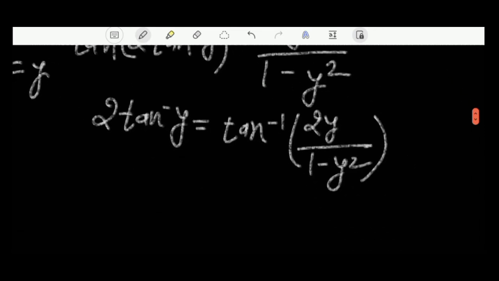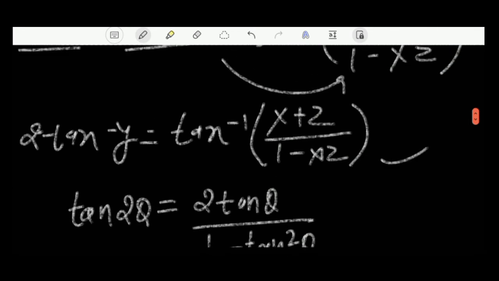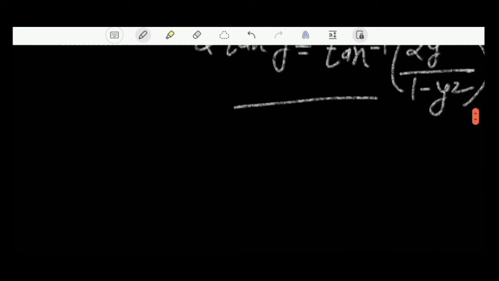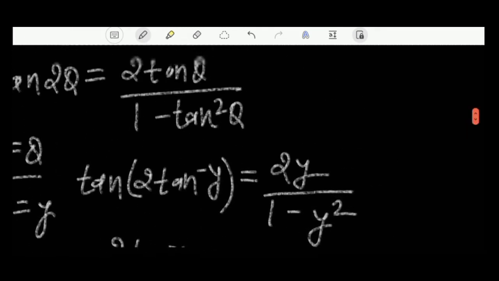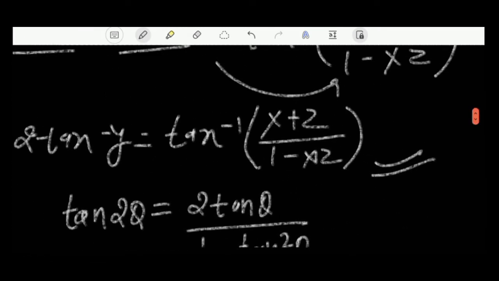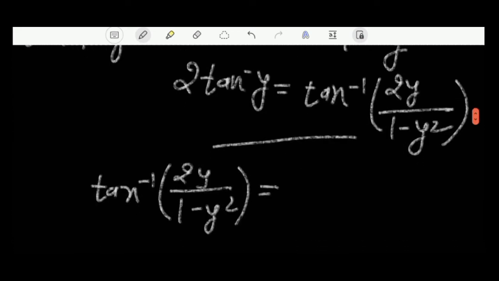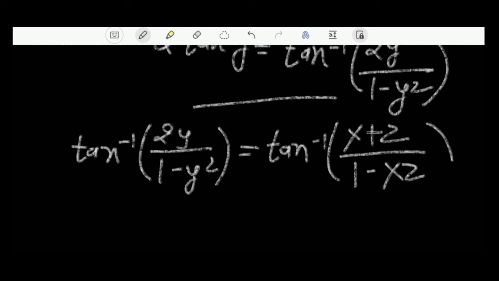And now we can substitute this value in the above equation and we'll get a new expression, which is tan inverse 2y upon 1 minus y square is equal to, on the right hand side, another tan inverse expression, tan inverse x plus z upon 1 minus xz.